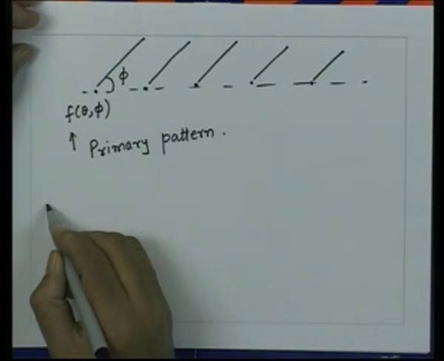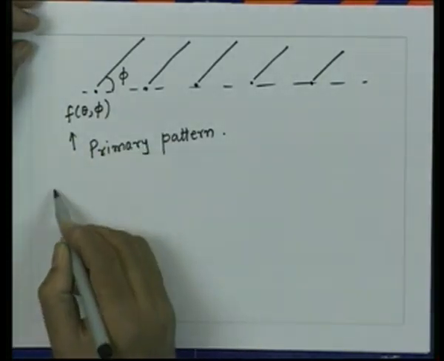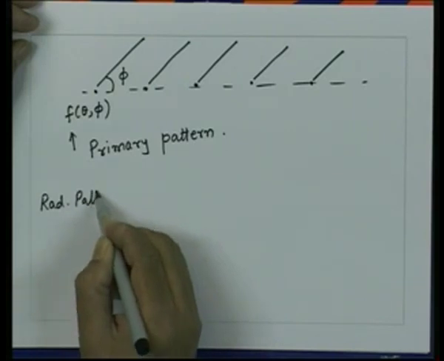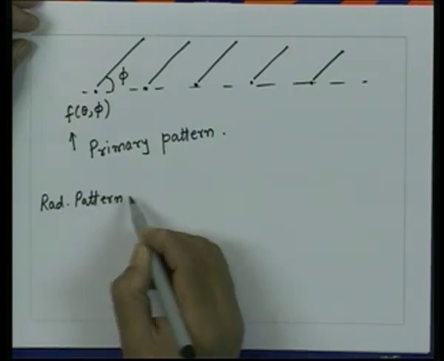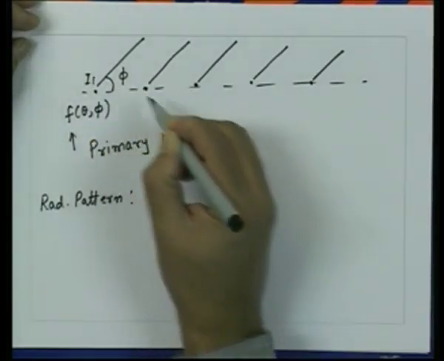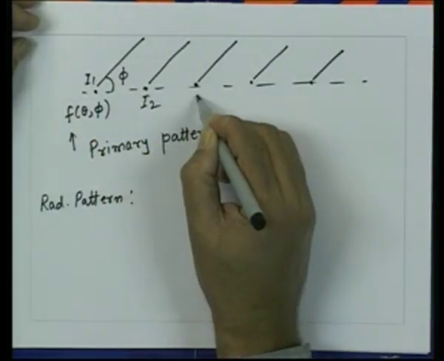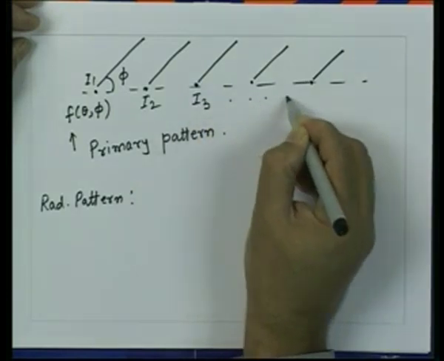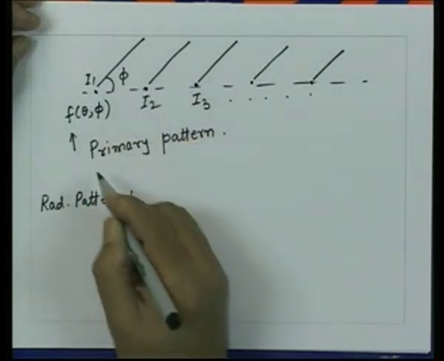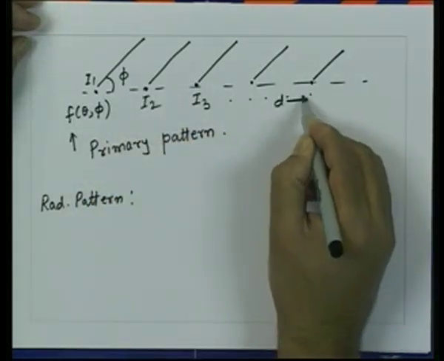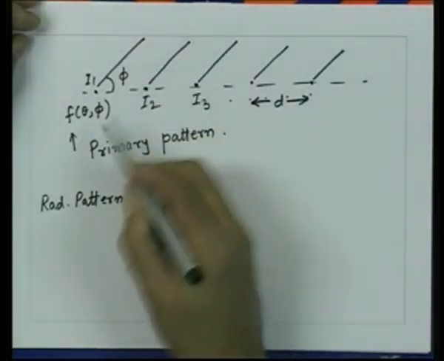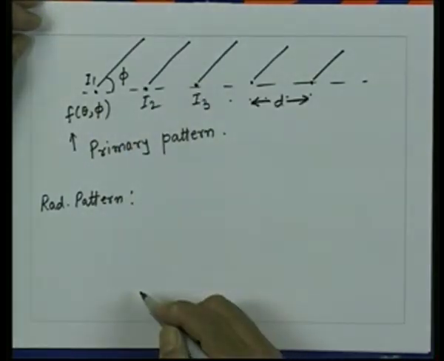So, I can write down now the radiation pattern for this array. Let us say the currents are given by I1, I2, I3 and so on, and the spacing between the elements is d, and the progressive phase shift between the elements is delta.